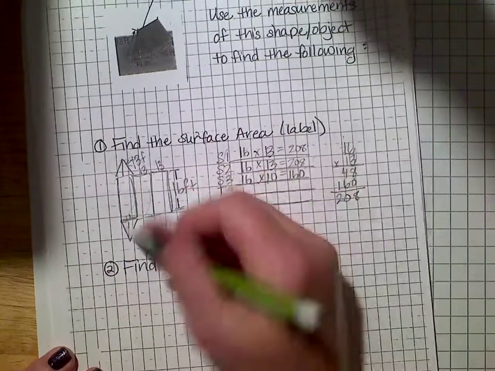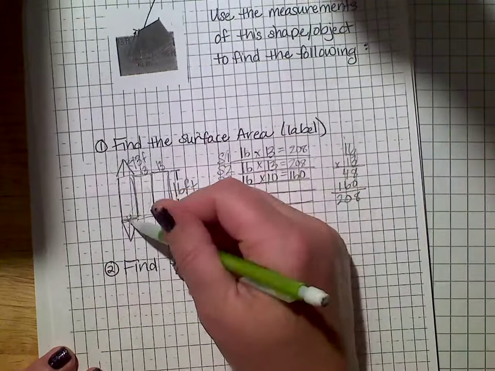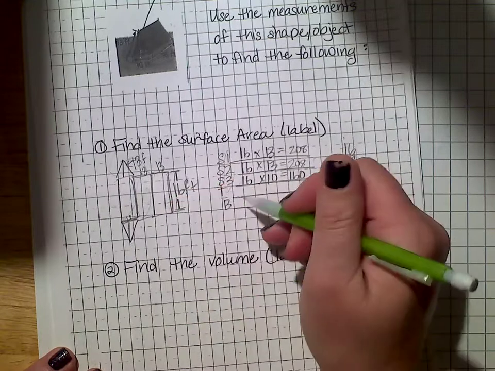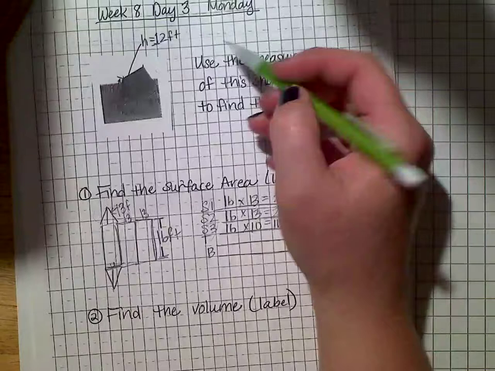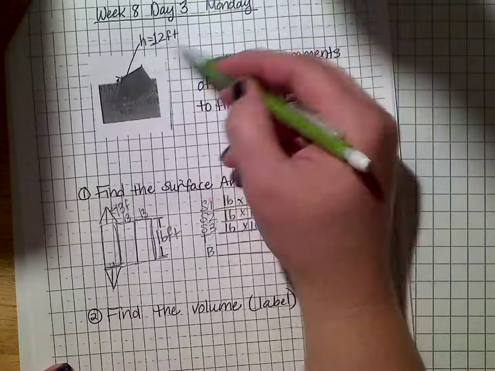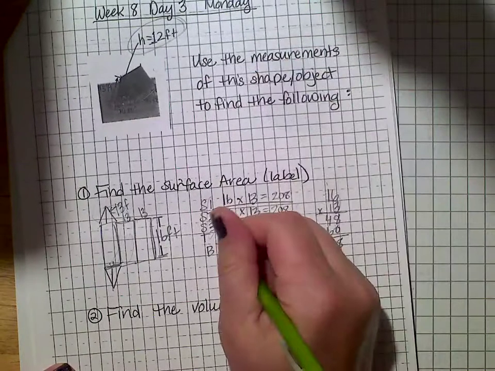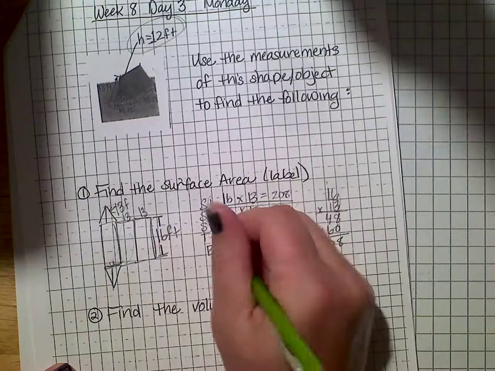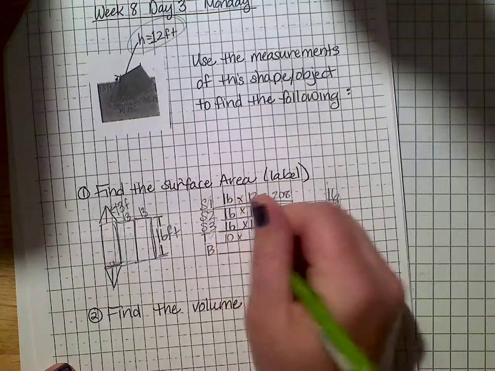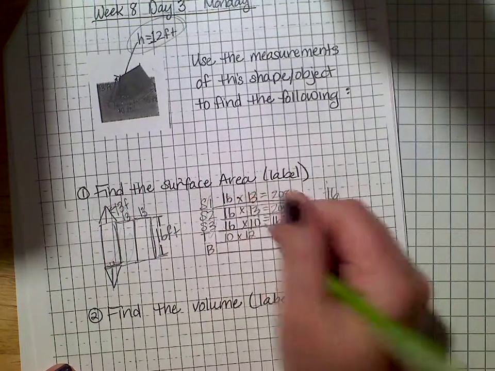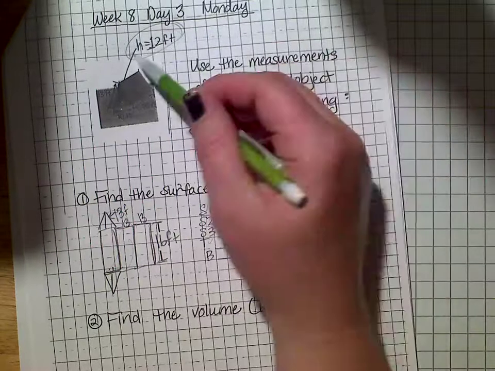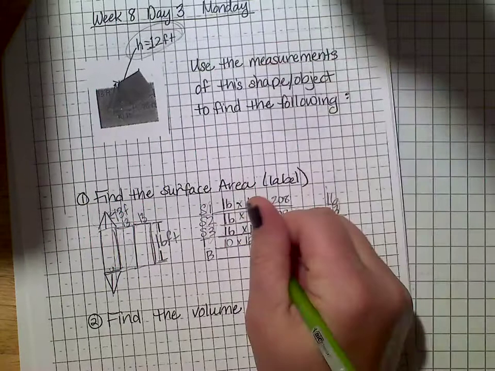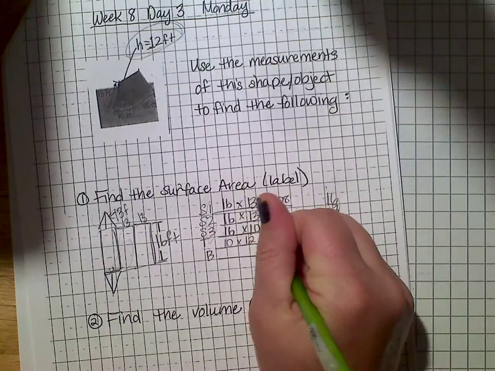And then we need to do the top and the bottom, which is base times height divided by 2. So the height is up here, and it kind of got lost in the dark copy, so it's actually the height is 12. So base is 10 times the height, up here I labeled it, height is 12 feet, and then I'm going to divide it by 2.